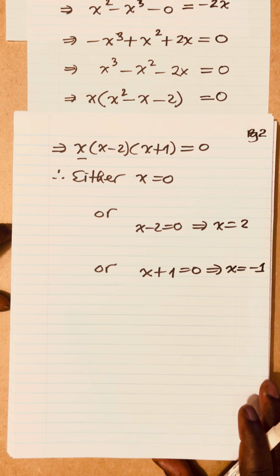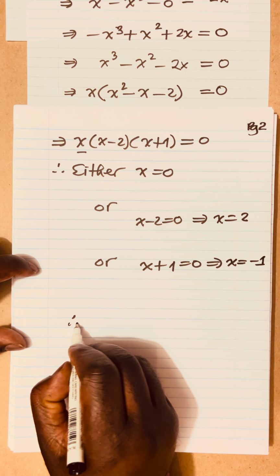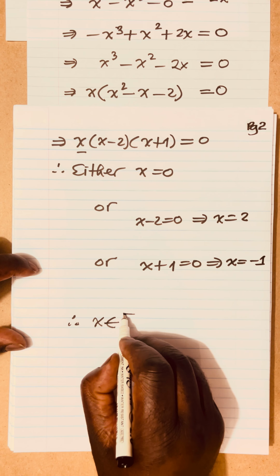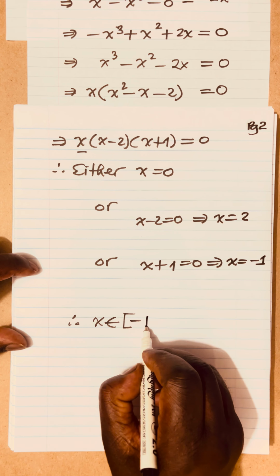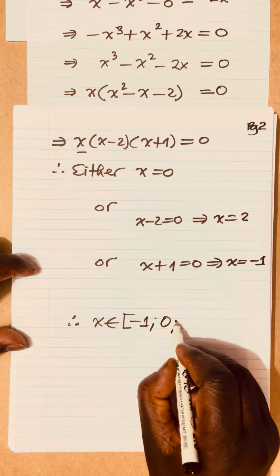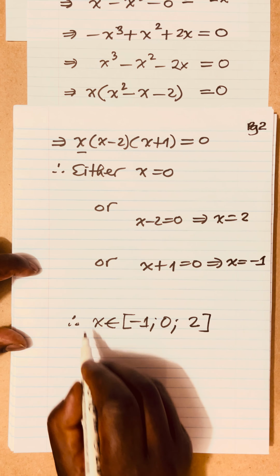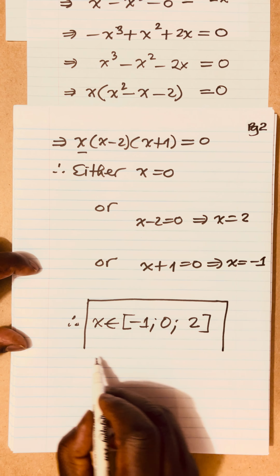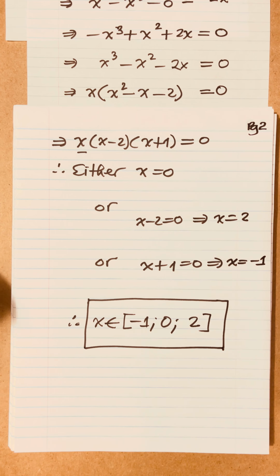So your final solution then would be, therefore we can write this one in set form. X is an element of minus 1, 0, and 2. So that's your final solution to this integral algebra in integration kind of question.